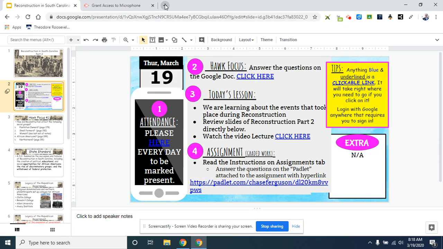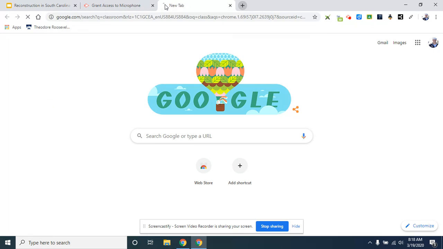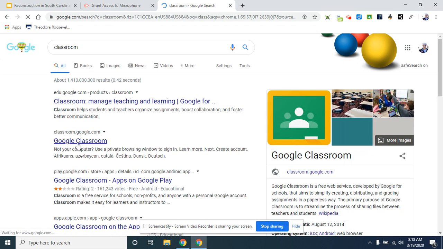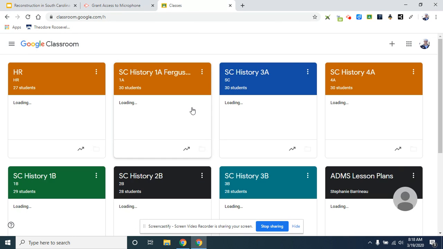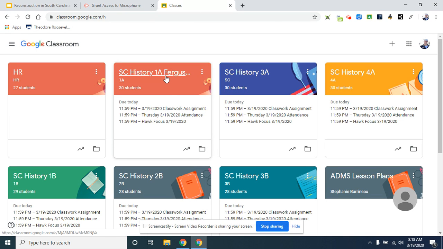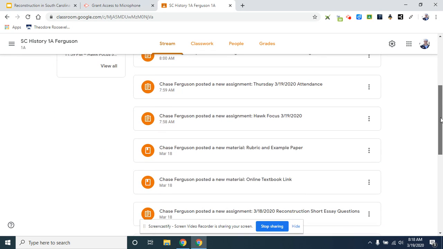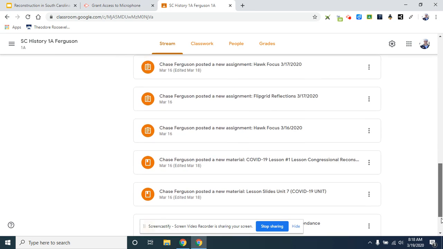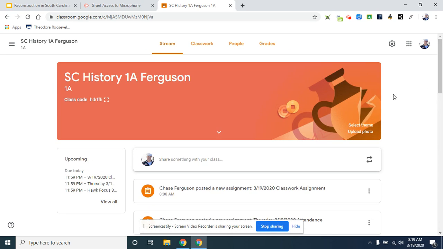So let's take a look really fast at Classroom. If we go to Classroom, and we'll just use 1A for an example. As you can see, I have cleaned up your news feed tremendously. I did away with any clutter on the feed, and it is nothing more than just what has been posted in the classwork tab.